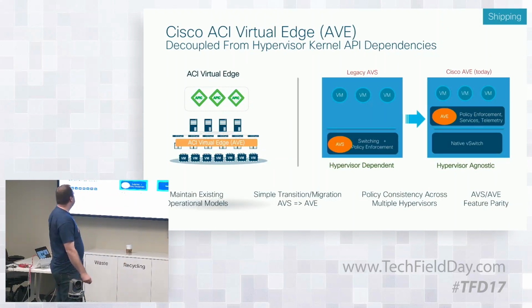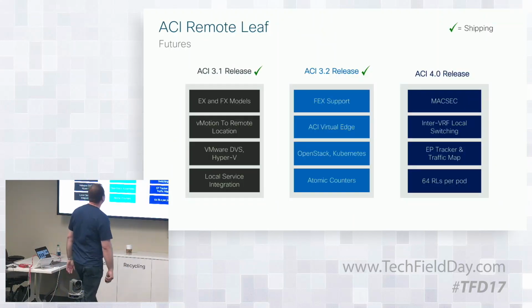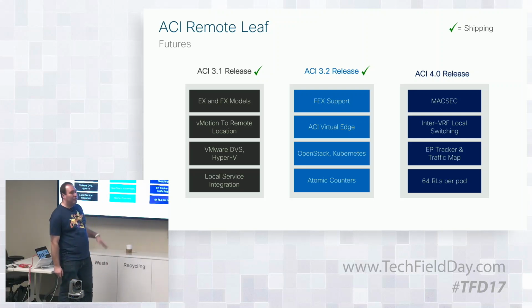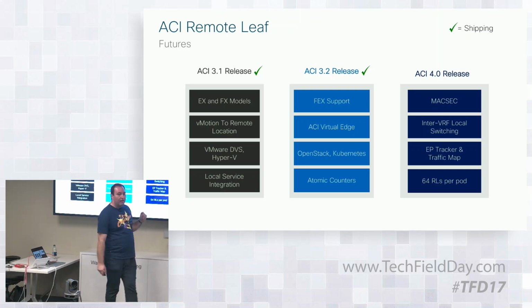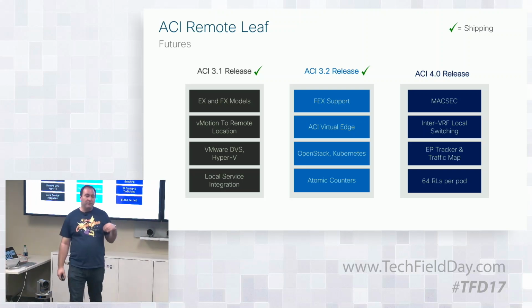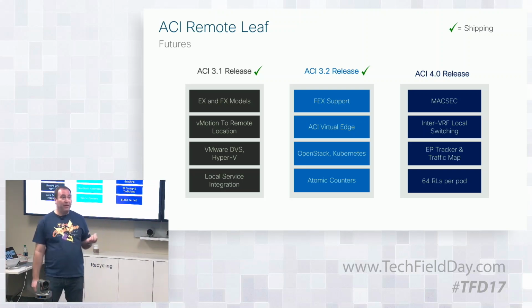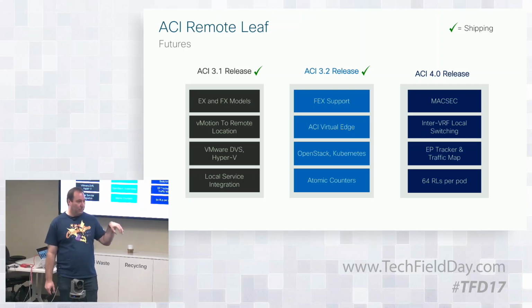Oops, sorry. So, how do I go backwards? So again, in 4.0, which is coming out soon, we got a few other things. One of the things that some of our service provider customers were interested in is doing inter-VRF local switching. So if I have multiple VRFs on my leaf, I don't want to come back to my on-prem and back.